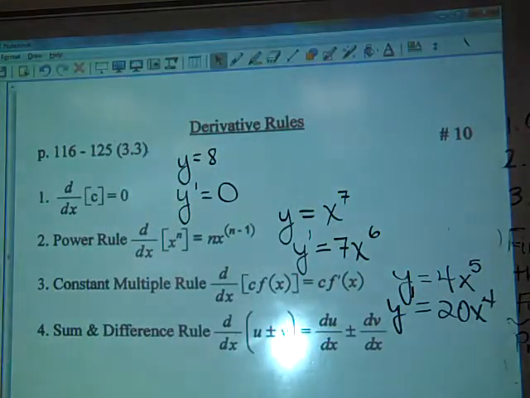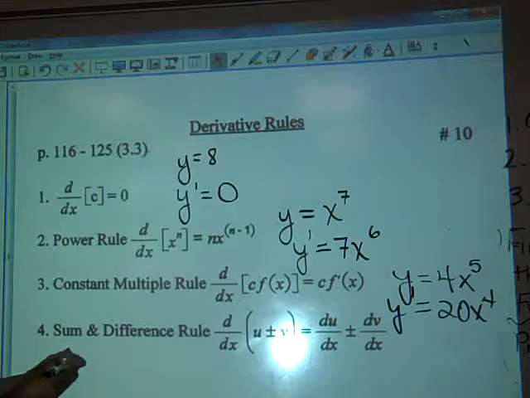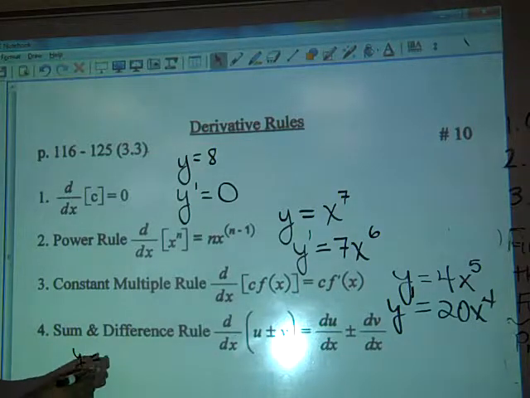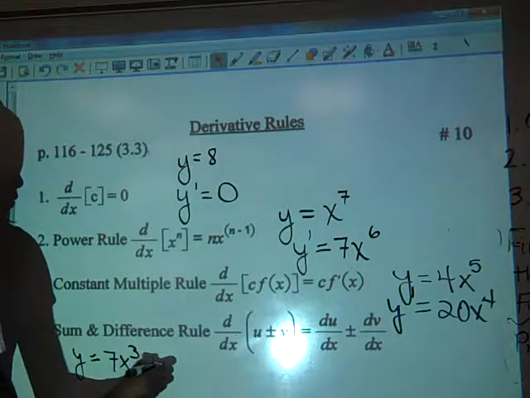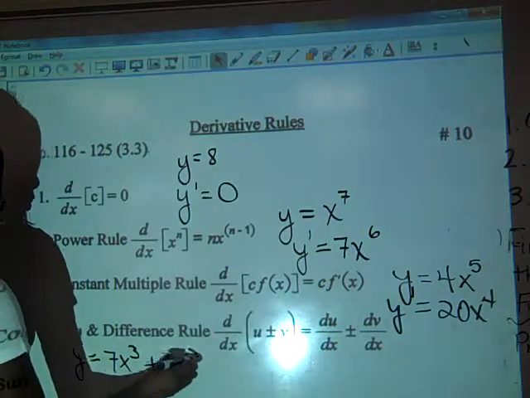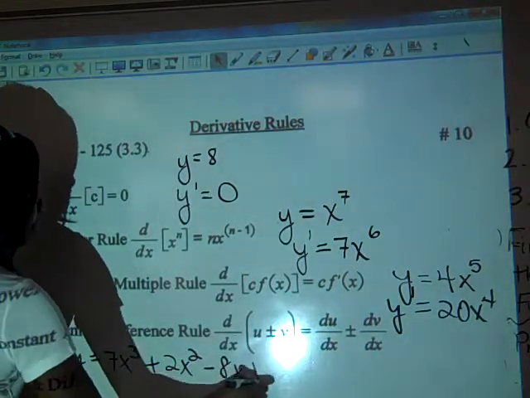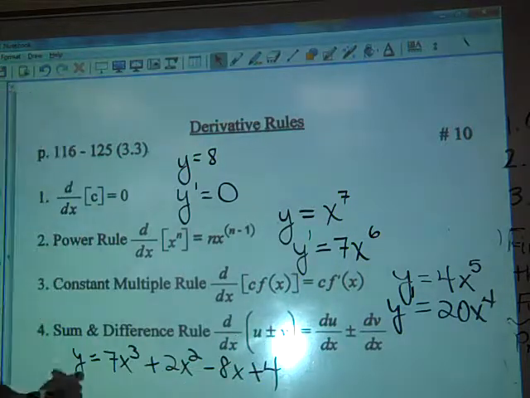The sum and difference rule applies when I have a string of terms together, which I've already shown you. Suppose I have y equals 7x to the third plus 2x squared minus 8x plus 4. I'm going to use different notation this time.